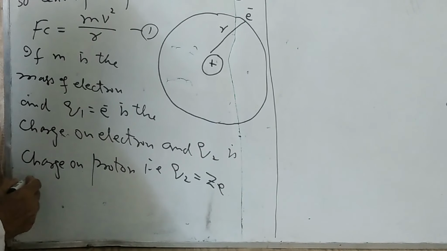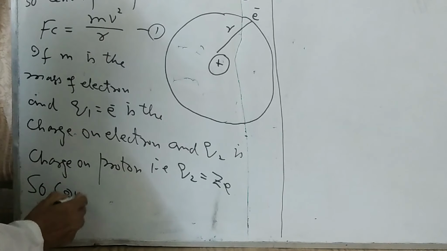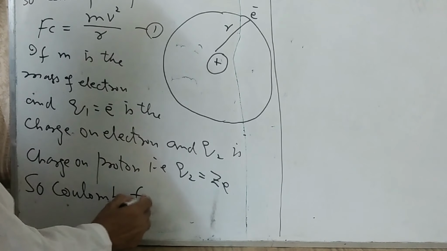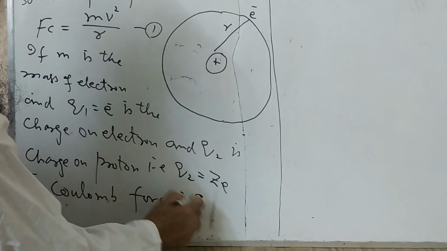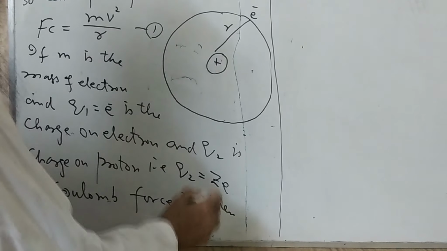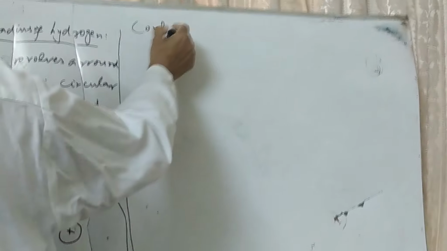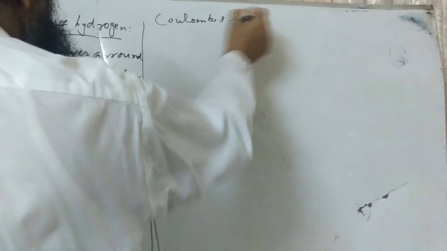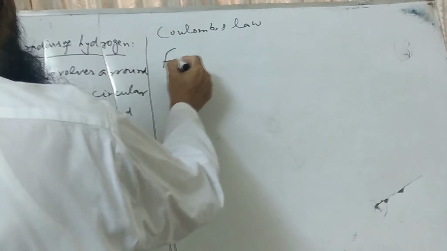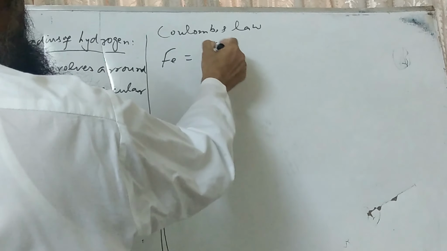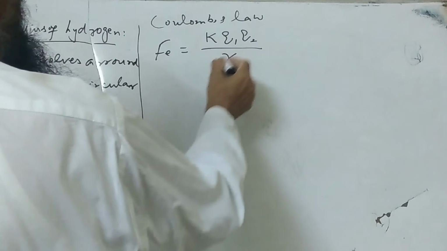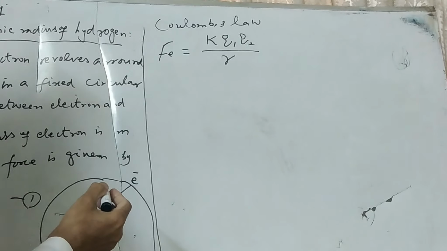So the Coulomb force is given by Coulomb's law. You know that Fe is equal to K q1 q2 over r square, where q1 and q2 are the two charges.